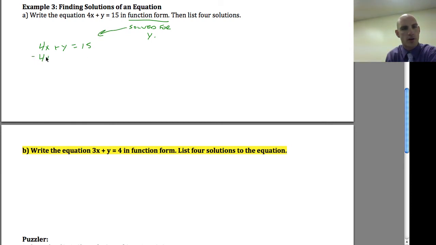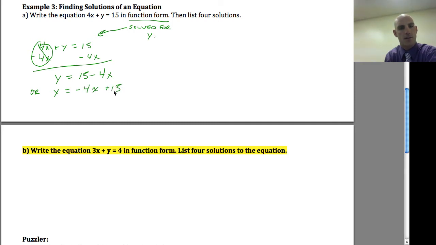So I'll subtract 4x from both sides. This goes away. y equals 15 minus 4x, or more importantly, y equals negative 4x plus 15. There's a certain hierarchy of the way things go. We go with the x's, then the constants, or just the number part. This is function form.